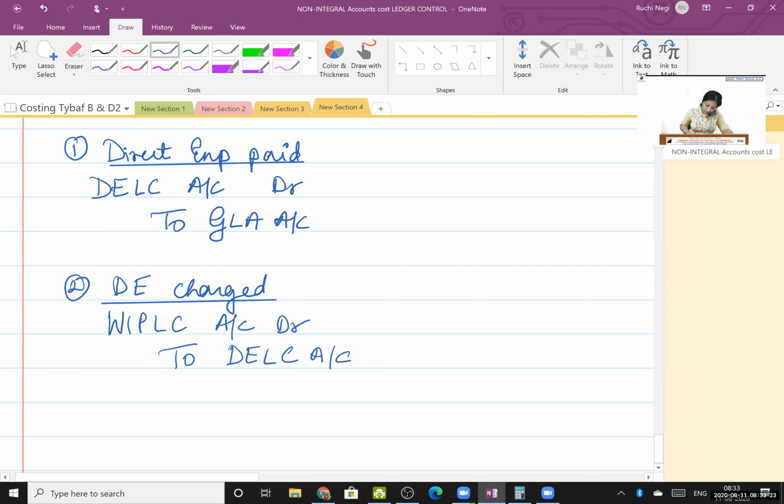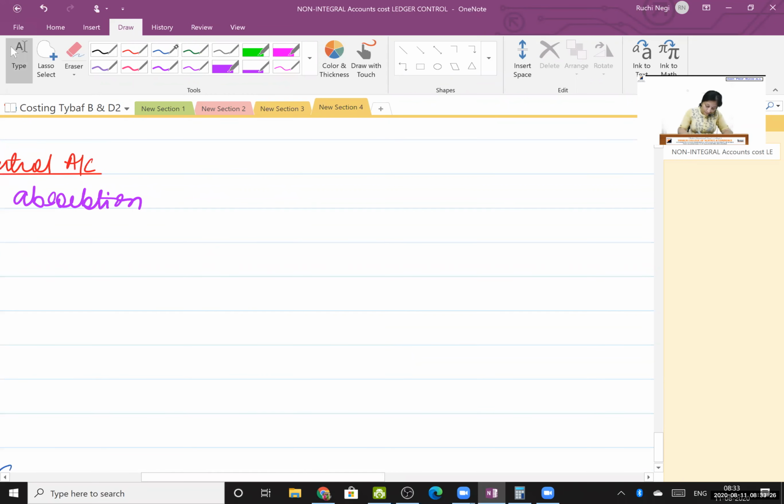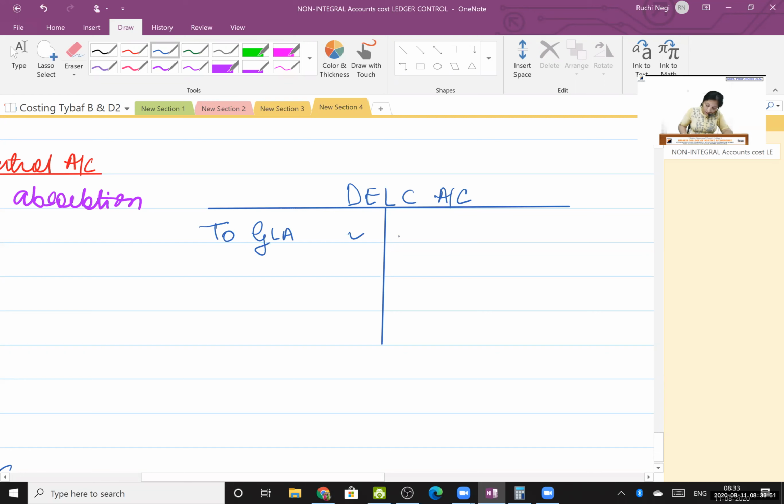Same logic, prepare a ledger here. Direct expense ledger control account. First pay it, go to GLA, then charge it, so by WIP, and then close the ledger.